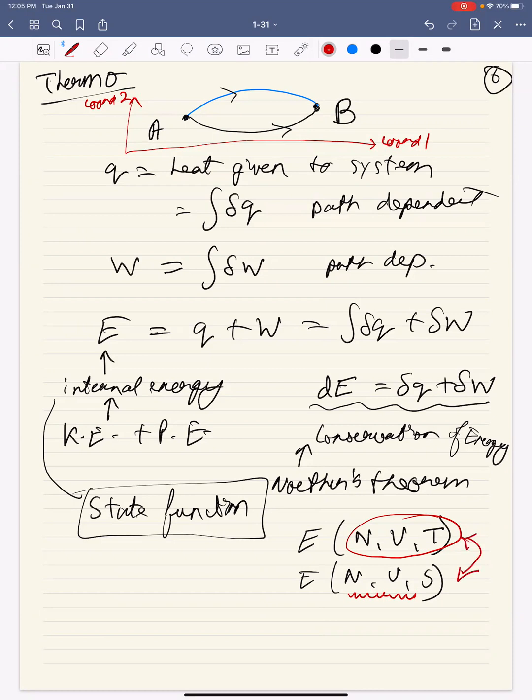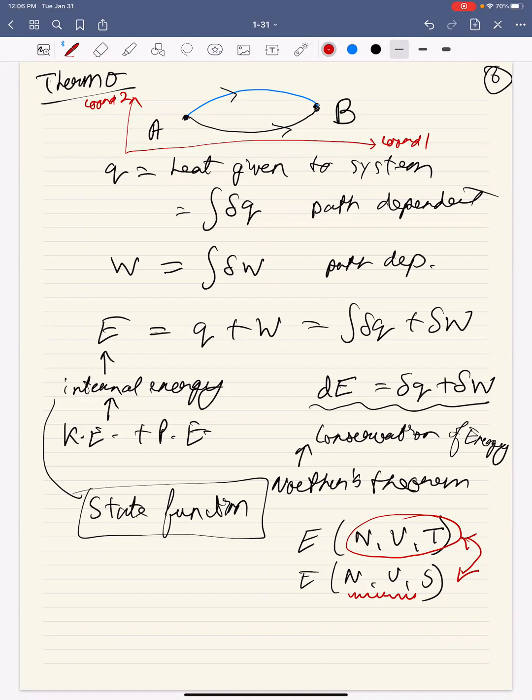What am I missing if I calculate E as a function of NVT? Think, this is important, and this will be coming up again and again in StatMech. Make a guess.